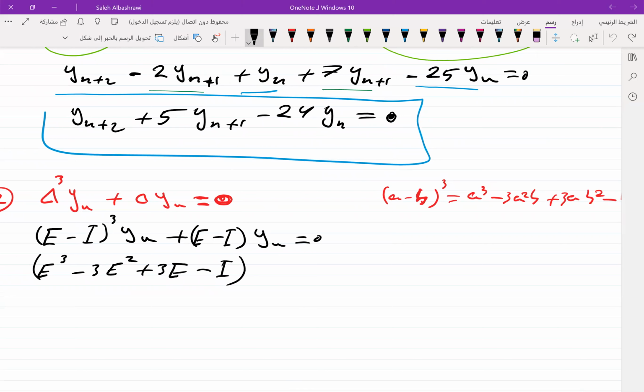So this is the first one, y sub n, plus the second one will give me y sub n plus 1 minus y sub n equal to 0.